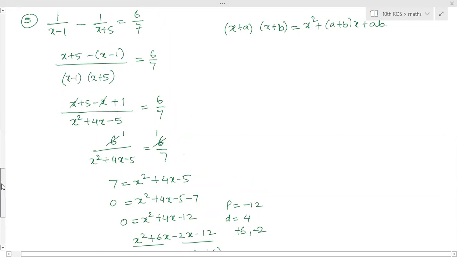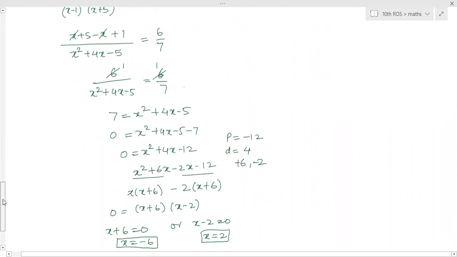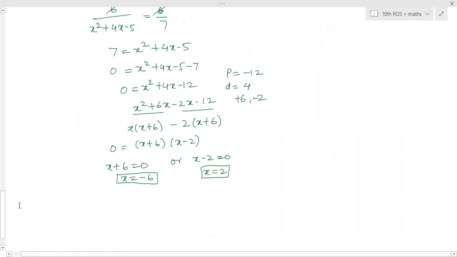Okay, subtraction is done by using the LCM method. Done? Yes, ma'am.